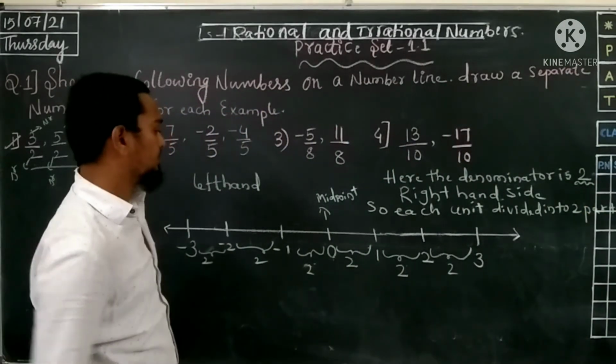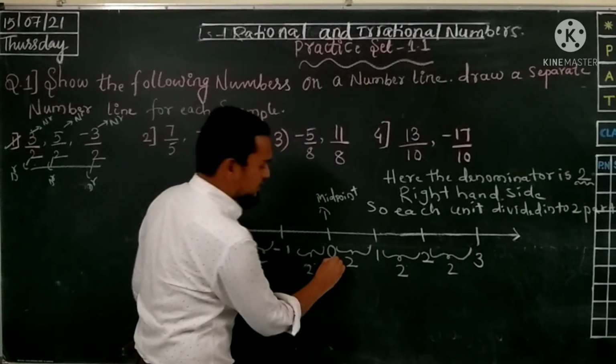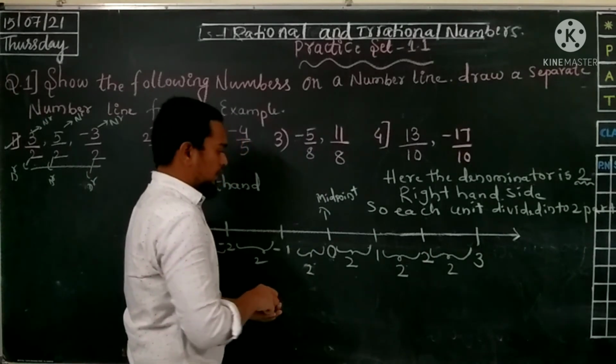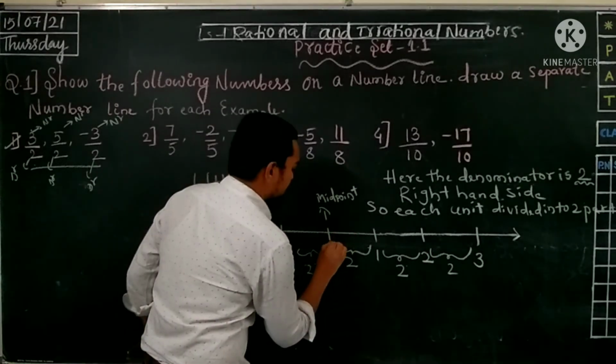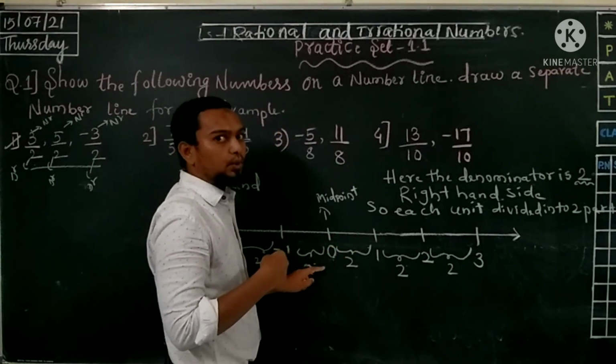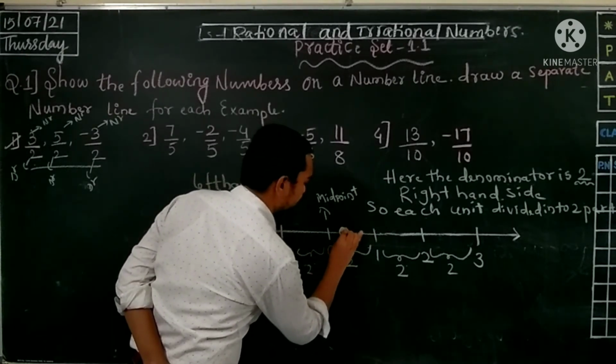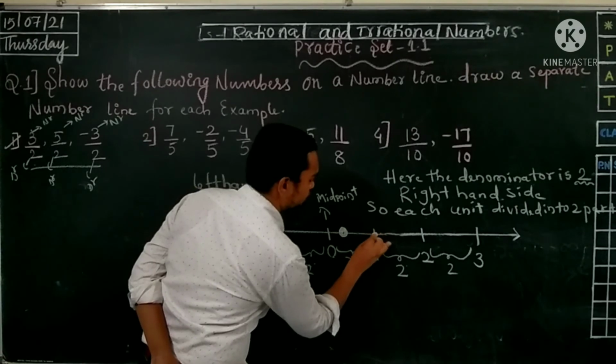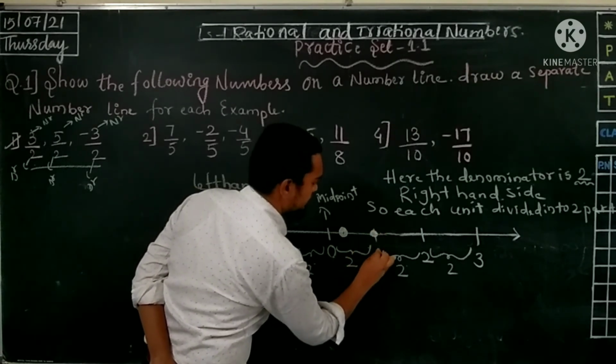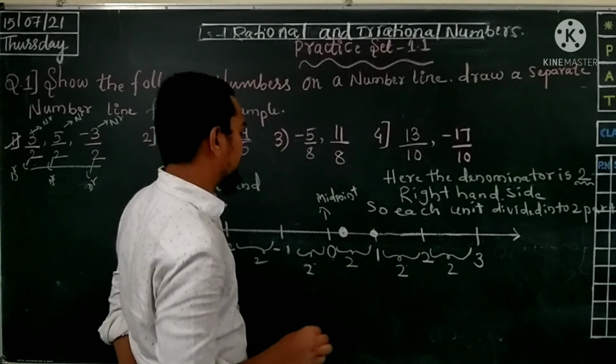First of all, we will write 0 as the midpoint. Here we will mark 0. This is point 1, this is point 2.